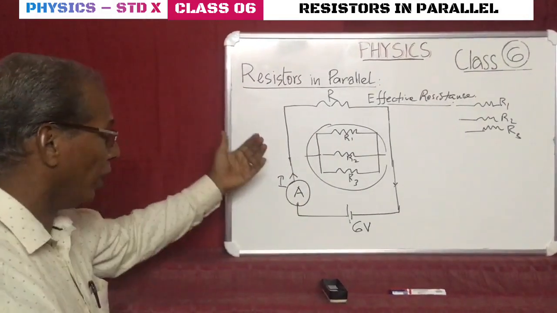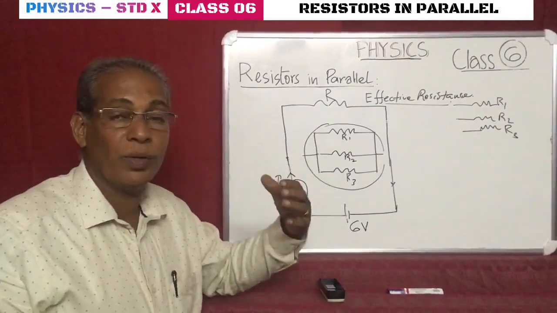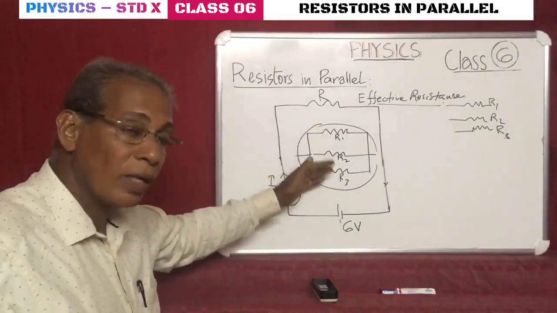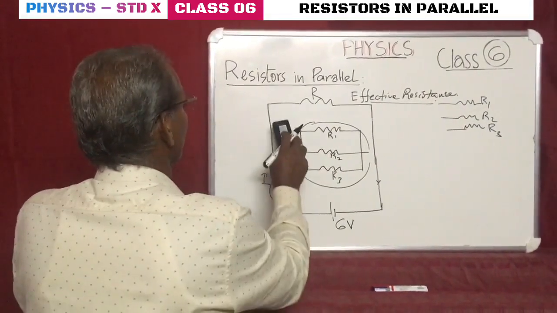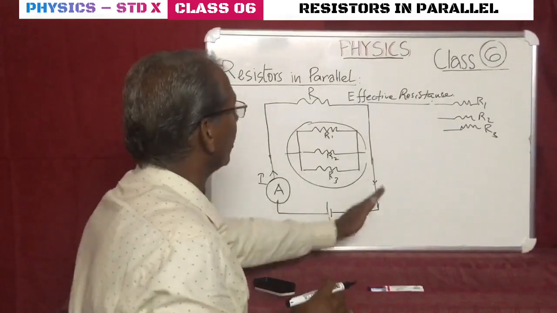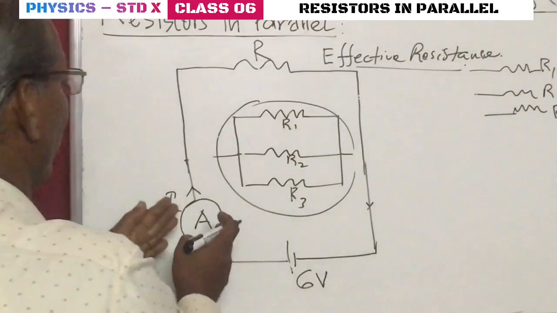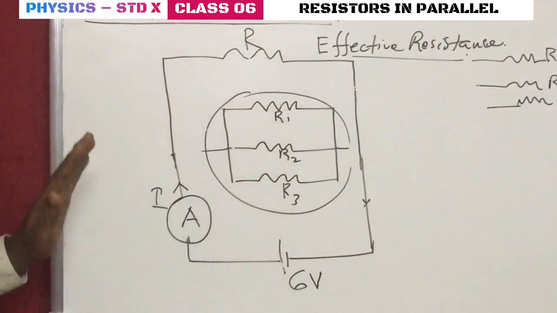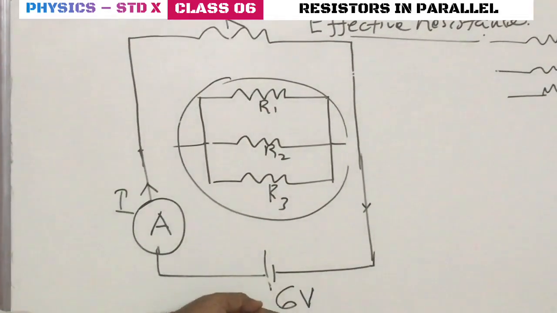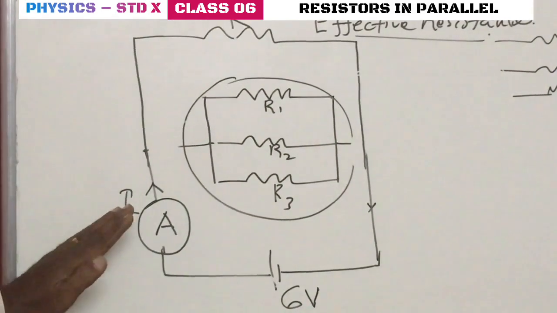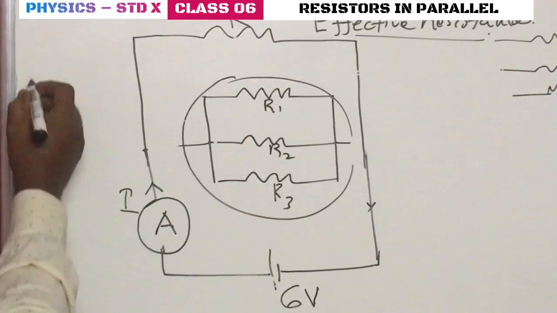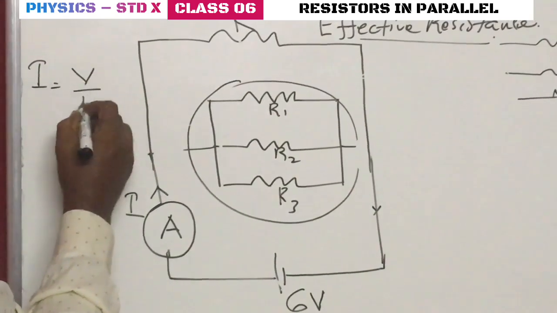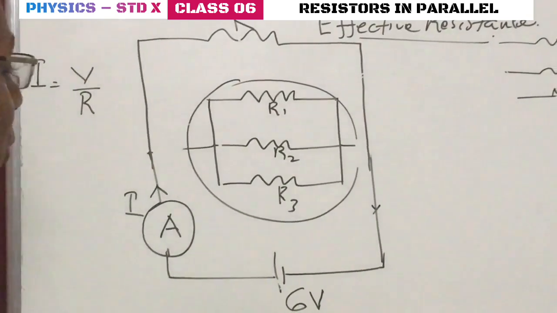Now let us see how can we calculate the effective resistance of this R1, R2 and R3. Now in this circuit we have considered 6 volt and here a resistance of some value. This voltage and resistance will give a current in the circuit that we can write as I is equal to V by R, where V is the voltage.